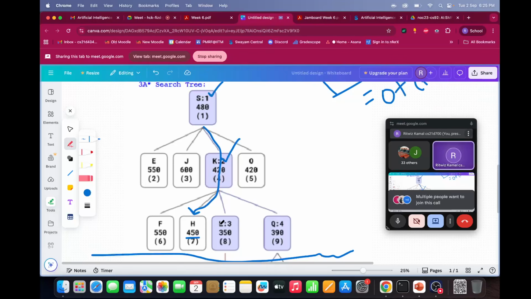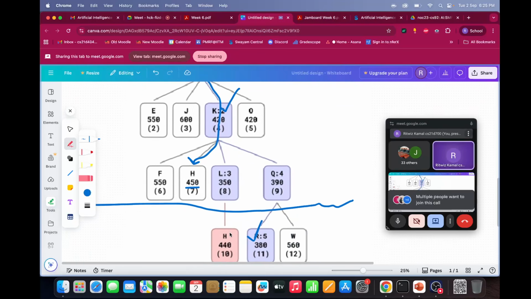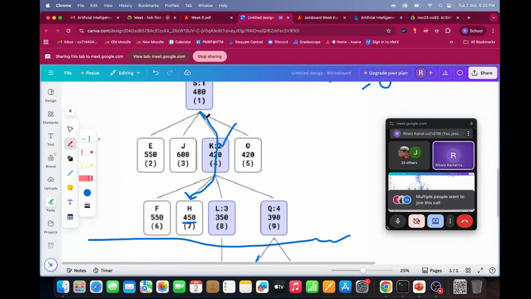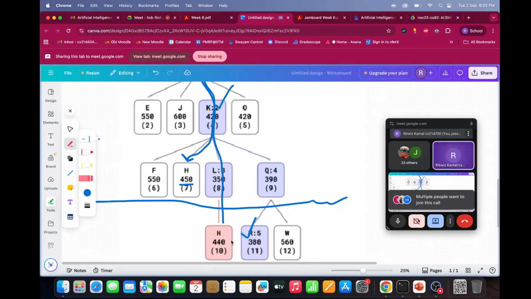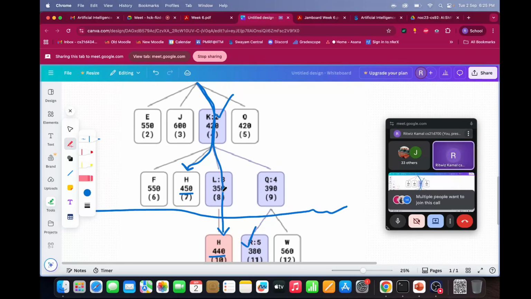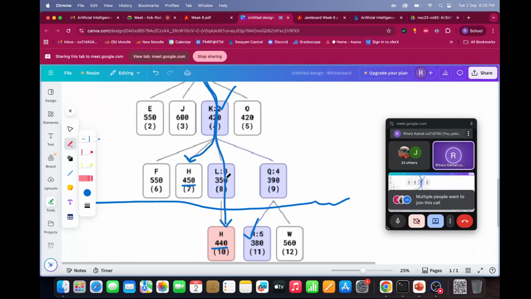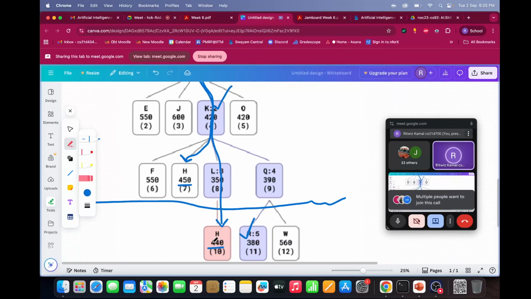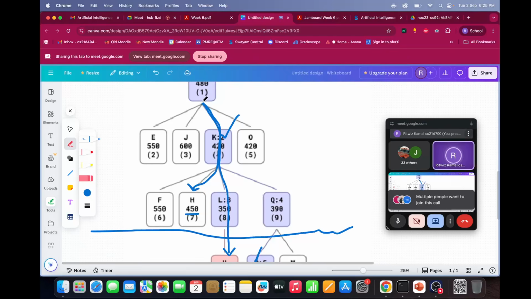Now when we expand L, we find another way to reach H which follows this path, S, K, L, and then H, and this has cost 440, right? Now this tells us that there is already a path that follows this S to K to L to H with a lower cost than what we would have gotten had we expanded the other one.